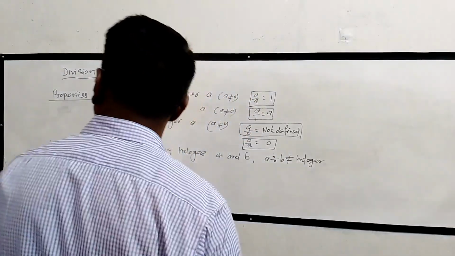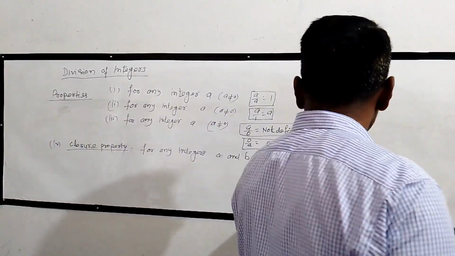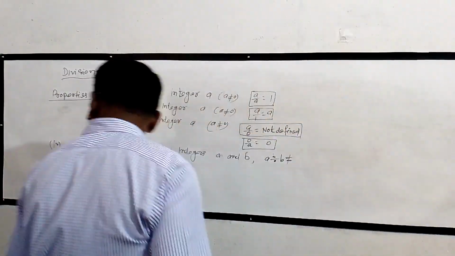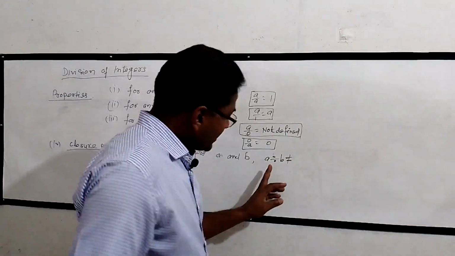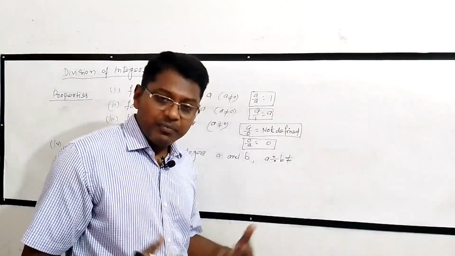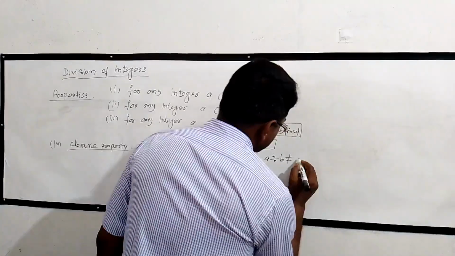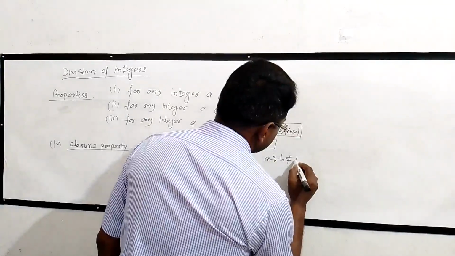Here you will use one term which is very crucial. A divided by b may be an integer and may not be an integer, so necessarily not an integer.